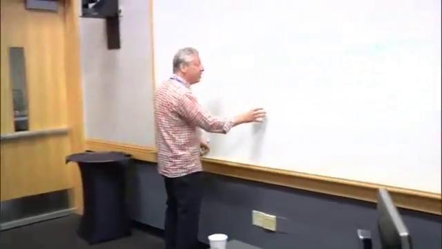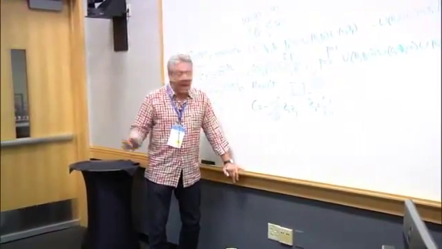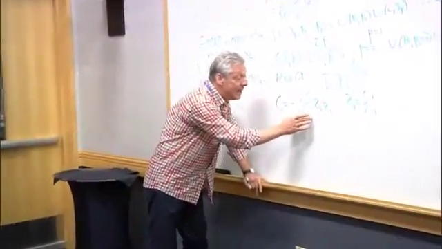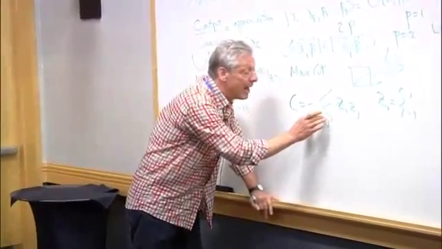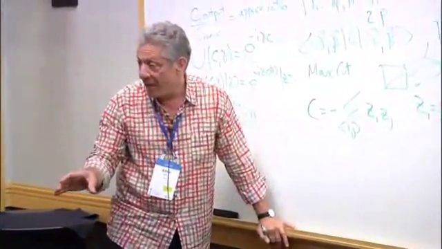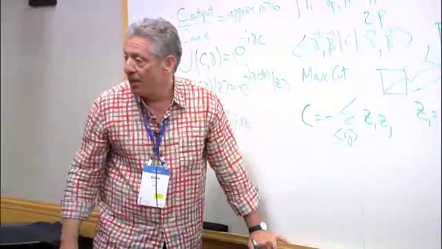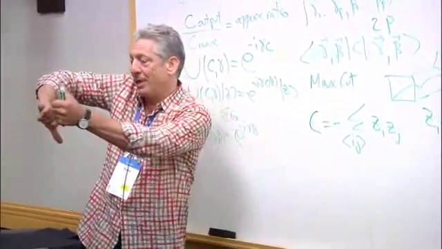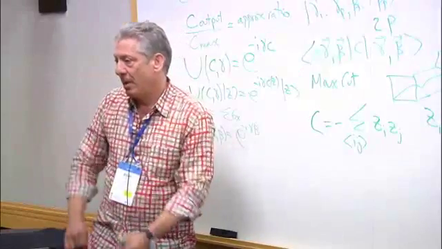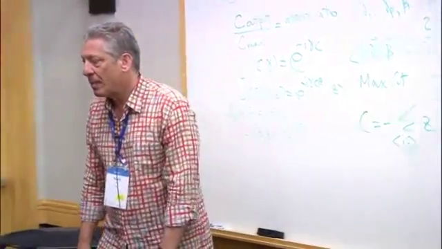The input is a graph, and this means I'm summing only over i and j in the graph, and then my cost function is minus z_i z_j, because I maximize that if one is up and the other's down. Okay? So that's my goal, to maximize that.